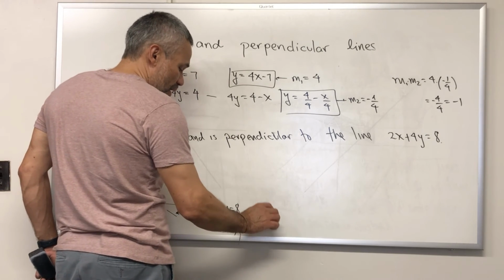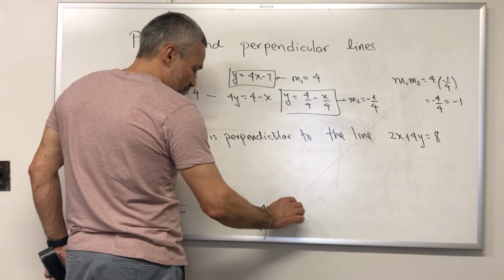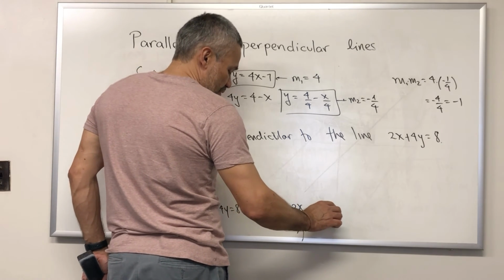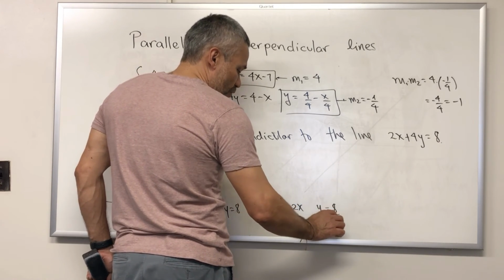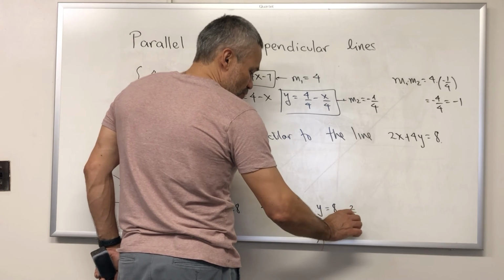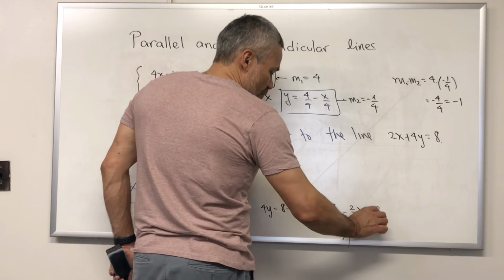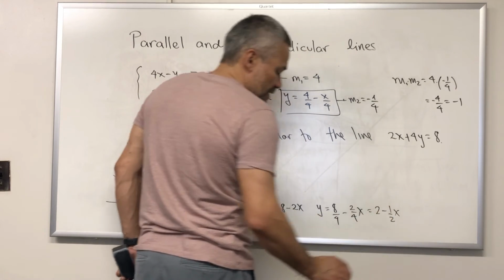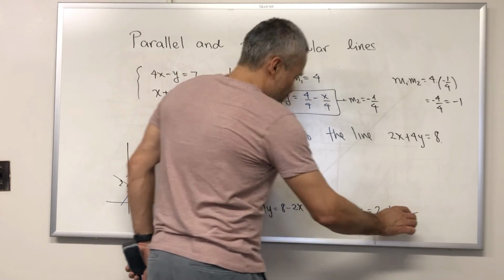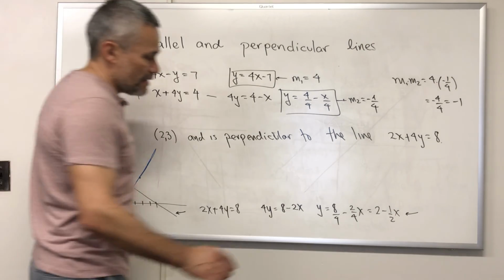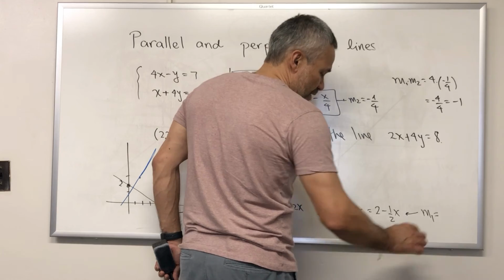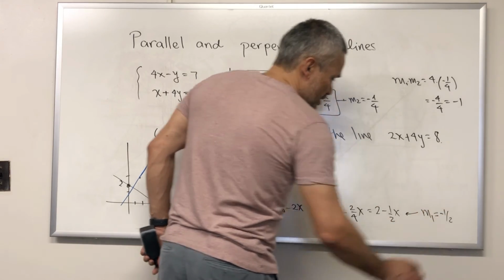Then we have 4y equal 8 minus 2x, and when I divide by 4, I get that y is 8 over 4 minus 2 over 4 x, which is 2 minus 1/2 of x, which means that the slope of this line, let's say slope 1, is negative 1/2.